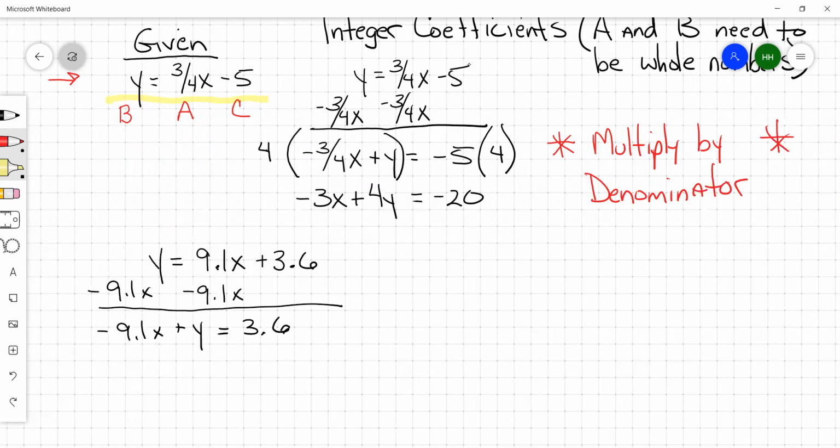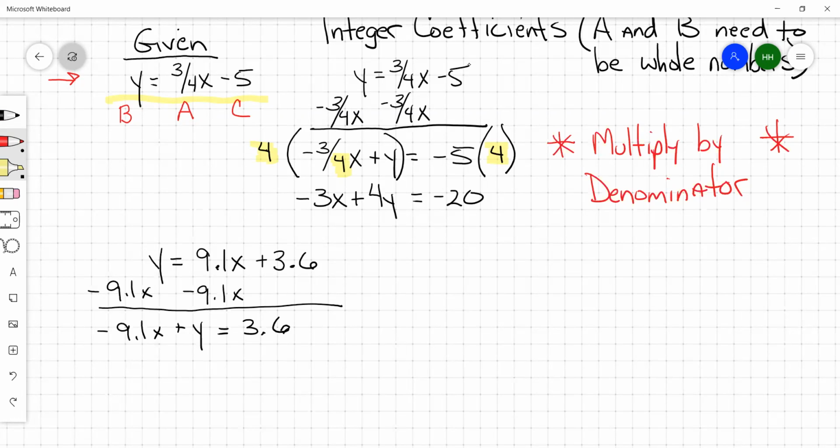That tells us that here we got to do this and this and this. Now, the technique to get rid of decimals: these decimals are both in the tenths place.